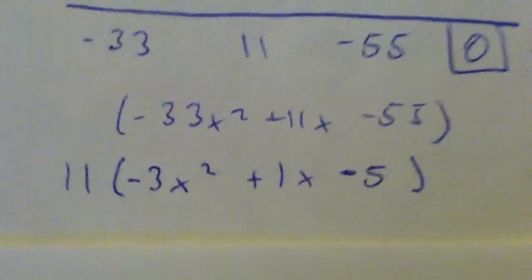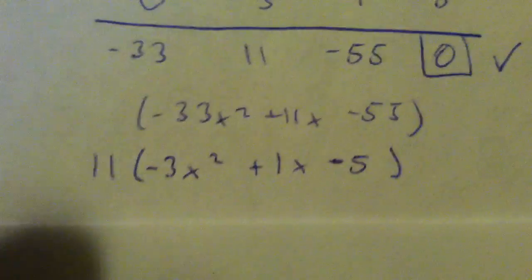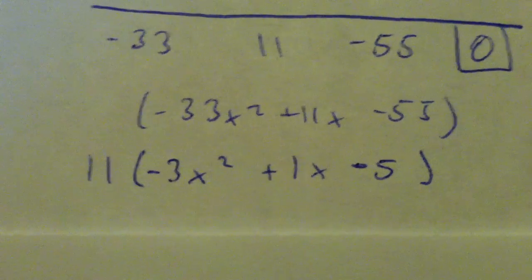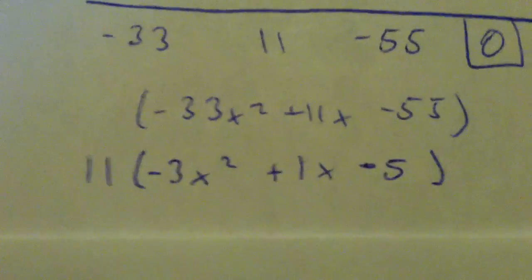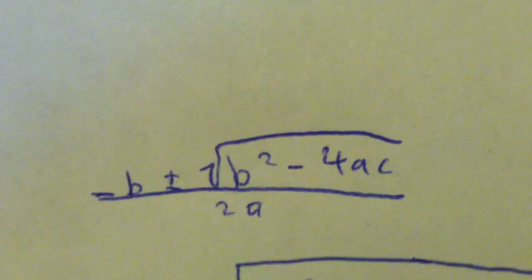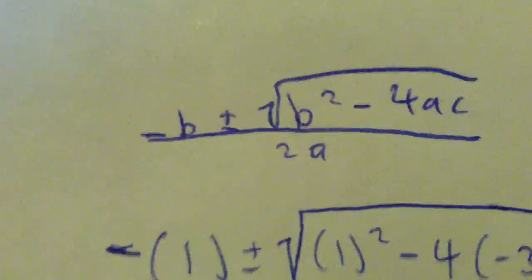So once you have done that, you would either factor out the polynomial, complete the square, or use the quadratic formula. In my case, I use the quadratic formula, which is negative b plus or minus radical b squared minus 4ac over 2a.